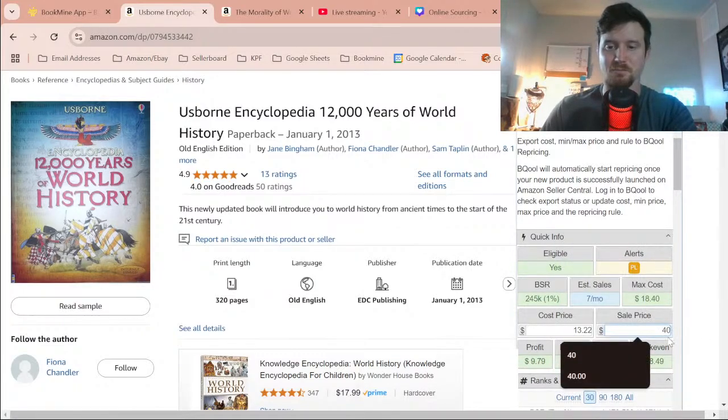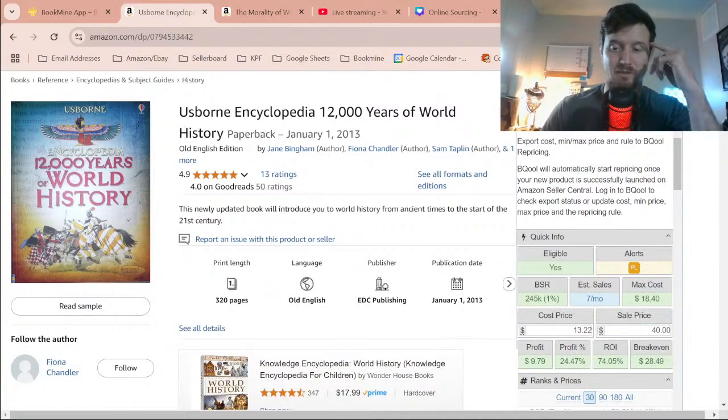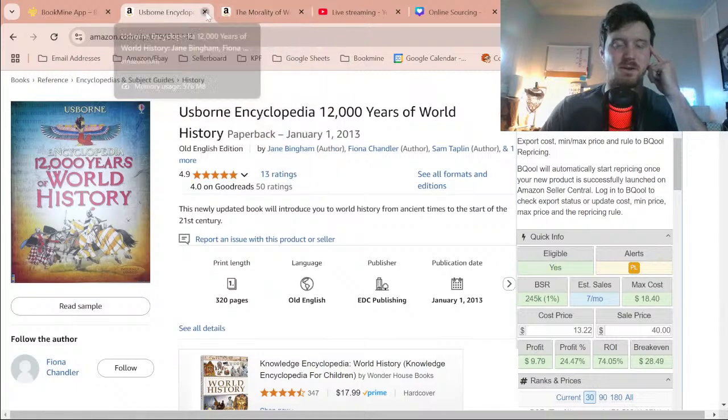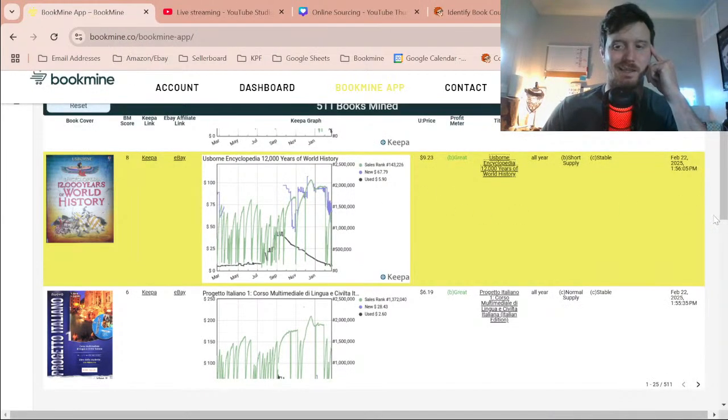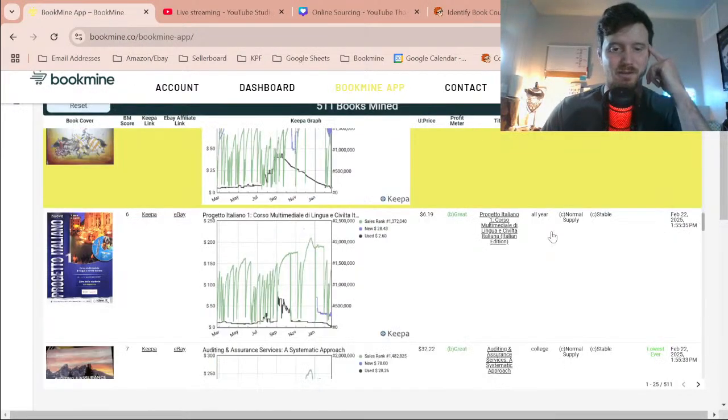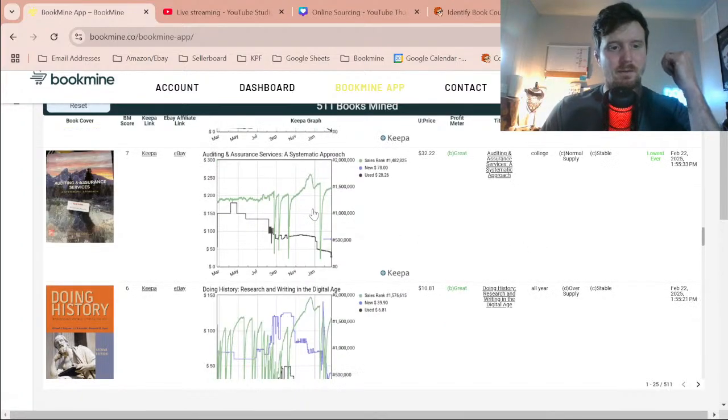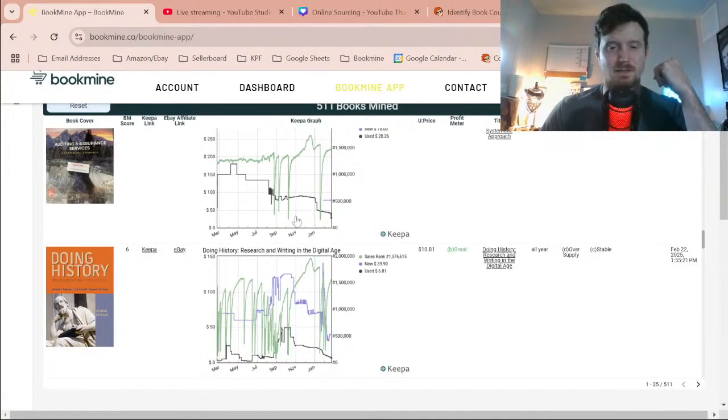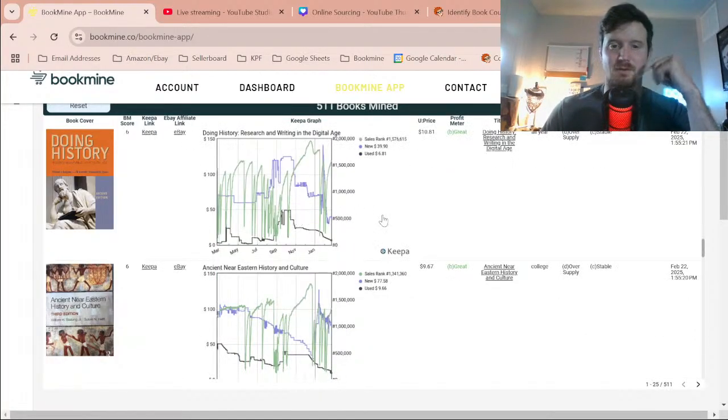But I'd say the min price is around the 40. That's the lowest I would want to sell it for to get something back. Anytime I go below $10, I start getting iffy with it, because I don't want to waste my time if I don't have to.